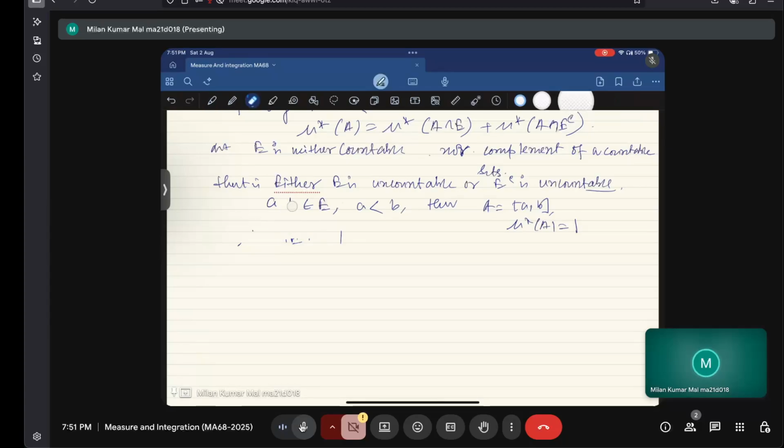Sorry, I have to use a different argument. This argument is okay. So as E is uncountable, E or E complement is uncountable.